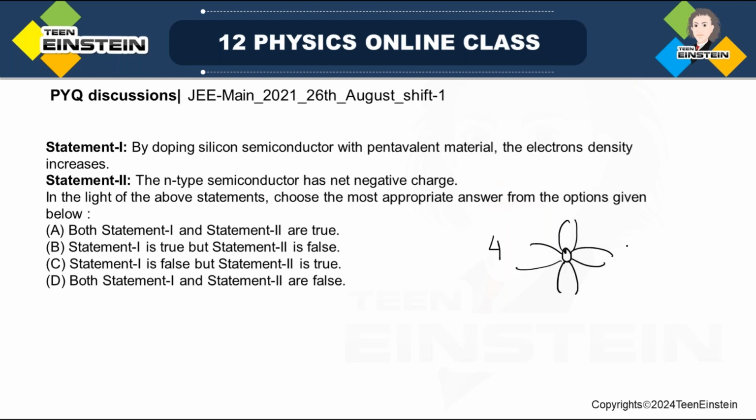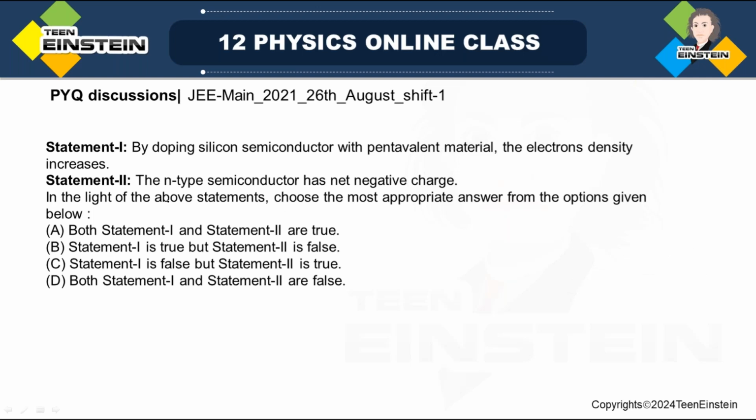But when you have a pentavalent atom, let us say phosphorus or whatever, 4 electrons can get involved with these 4 bonds, but 1 electron will be extra, so that will be increasing the electron density. So the statement is true.